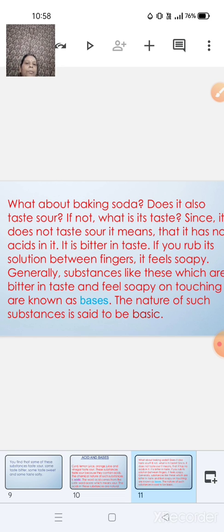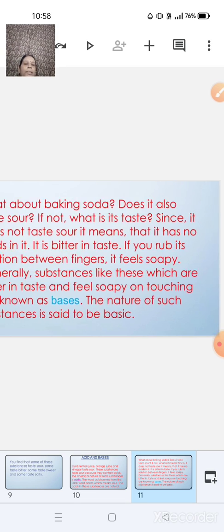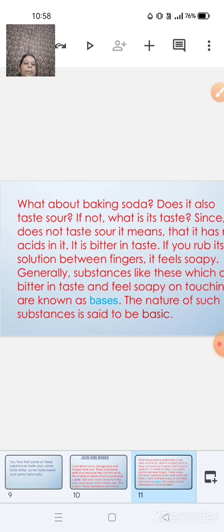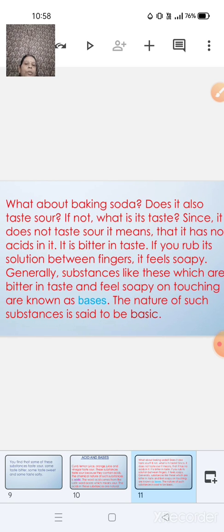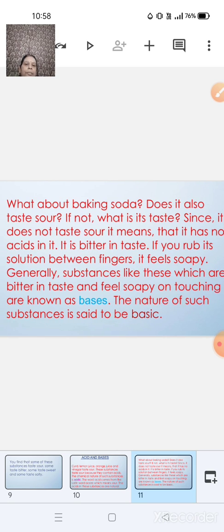Among them we have baking soda. Now, what is the taste of baking soda? Is it sour to taste? If not, then what is the taste? Since it does not taste sour, it means it has no acid in it.